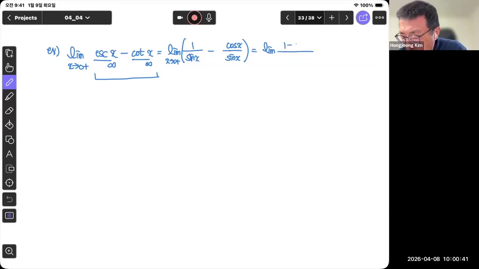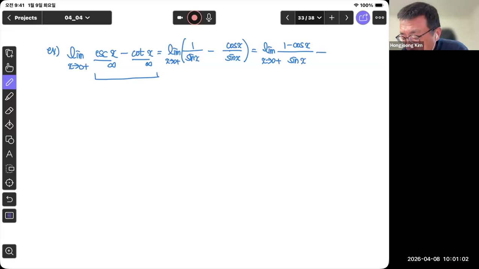You get 1 minus cosine x over sine x. And as x approaches 0 from the right, the sine function decreases to 0, and 1 minus cosine x also goes to 0. So we have a 0 over 0 type expression.